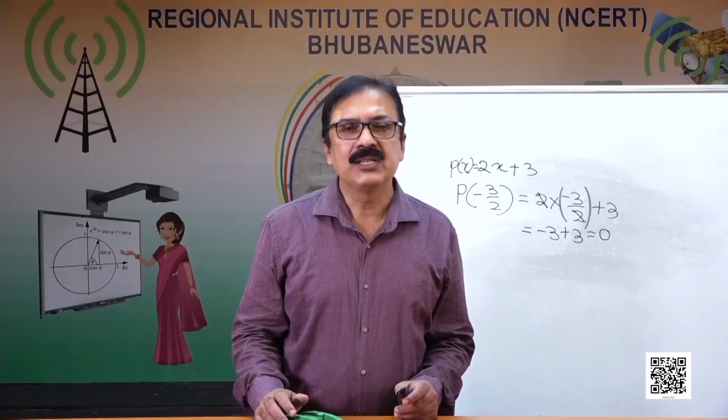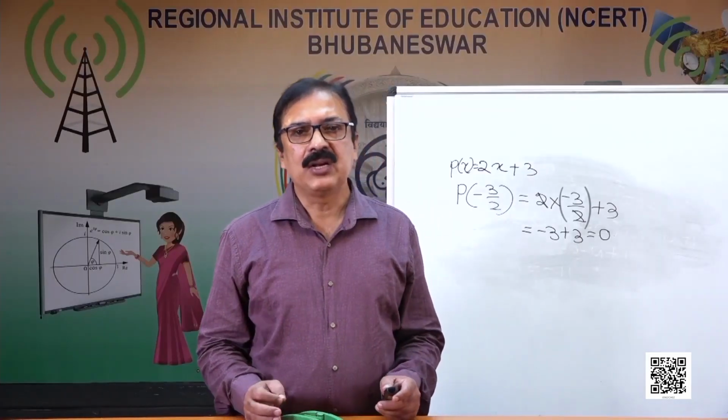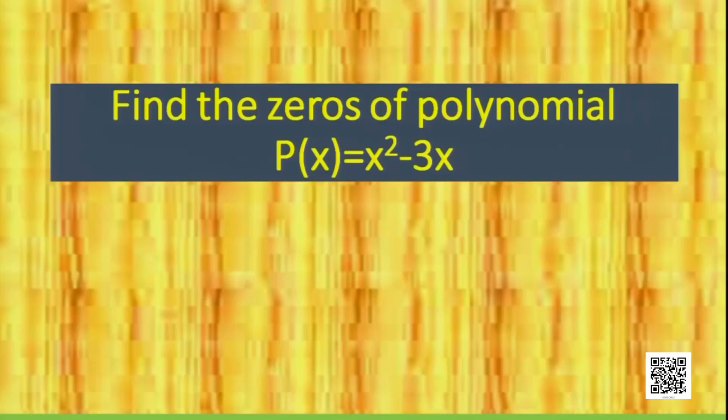Now take another example. Find the zeros of the polynomial p(x) is equal to x square minus 3x. As you see, all the terms contain x. If we put the value of x as 0, each term will become 0.